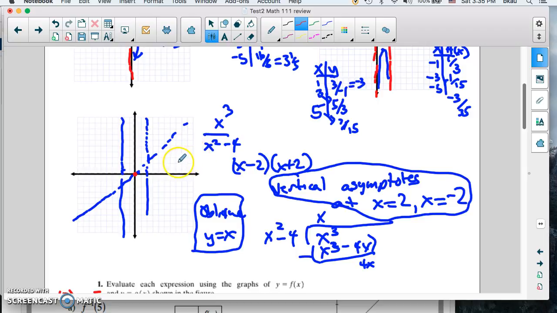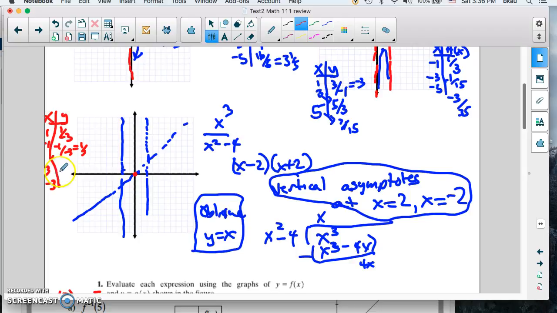And let's see, let's try some other points. Make a little chart, your x and your y chart. We're going to do 1 and -1, and then 3 and -3. Okay, so 1 in there is 1 cubed over -3, 1 over -3. -1 is going to be -1 over -3, or 1/3.